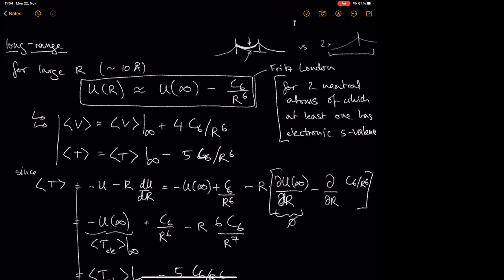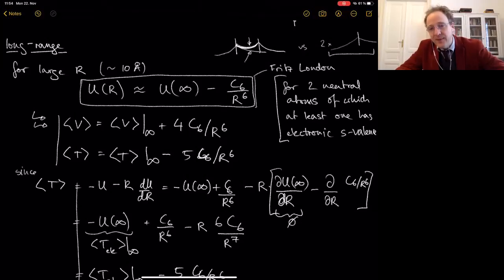In this case, what does C stand for? The C is a coefficient, so it is related to the polarizability of your atom. And so we've discussed the polarizability before, right? So roughly speaking, the more polarizable your atom, the larger its C6 coefficient.